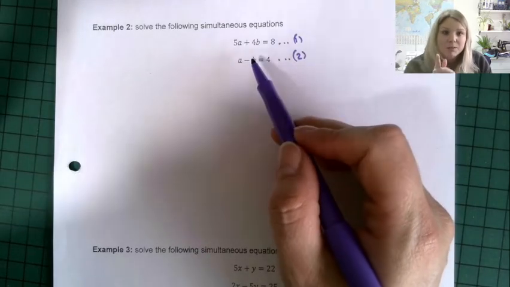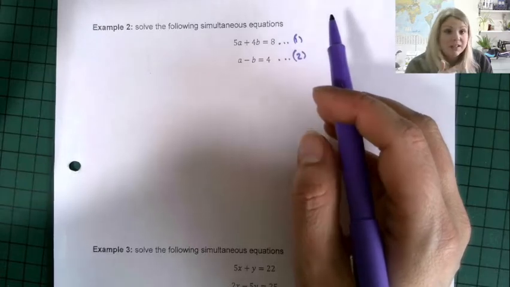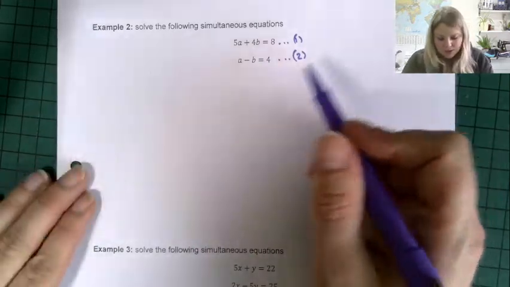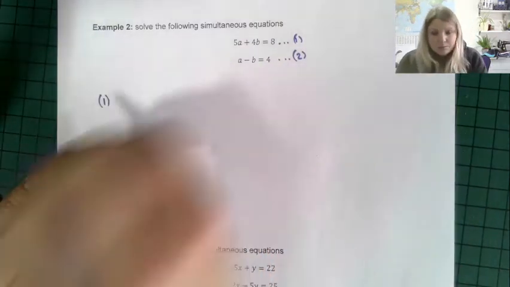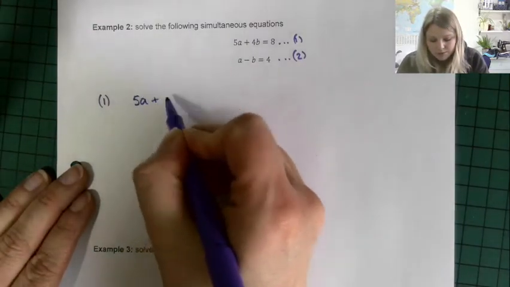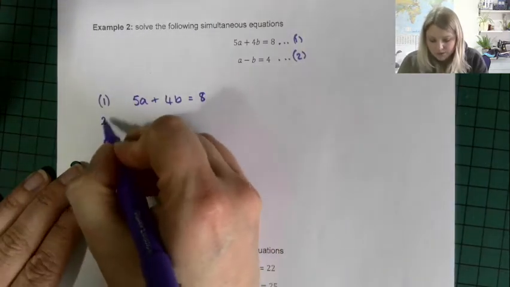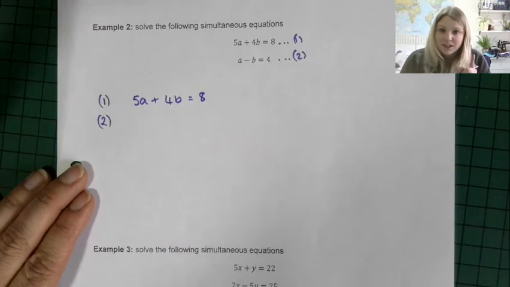I'm going to go with multiplying by 5 for this one, okay? But we could have easily done it the other way. So equation 1, we're leaving it as it is, so we're just writing it. 5a plus 4b equals 8. Equation 2, well, we're going to be changing that because we want to get the number of a's to be the same.